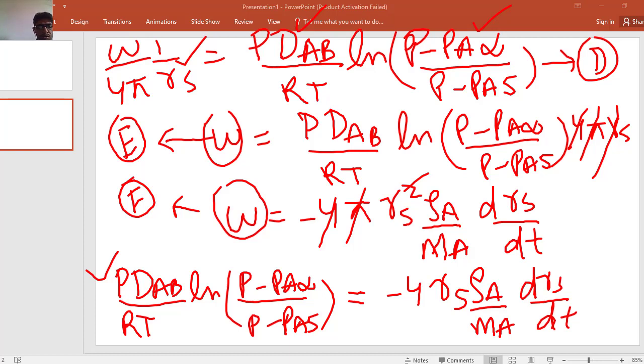So this equation shows us how the radius of the water droplet changes with the passage of time. So it is P dAB divided by RT and is equal to ln P minus P infinity divided by P minus PAS for RS into this term.